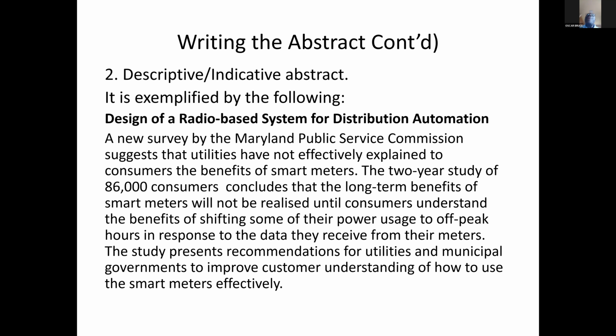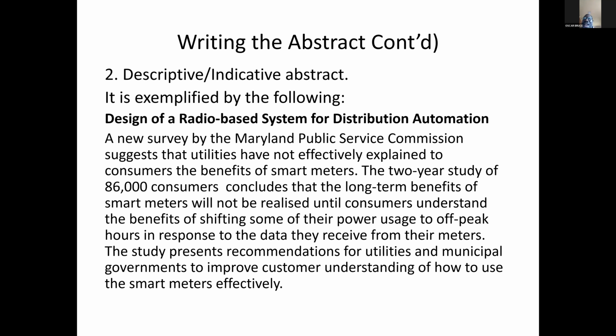A new survey. The title is Design of a Radio-Based System for Distribution Automation. A new survey by the Maryland Public Service Commission suggests that utilities have not effectively explained to consumers the benefits of smart meters.